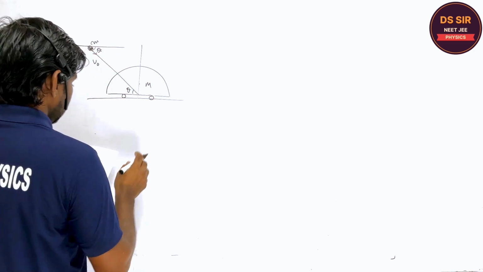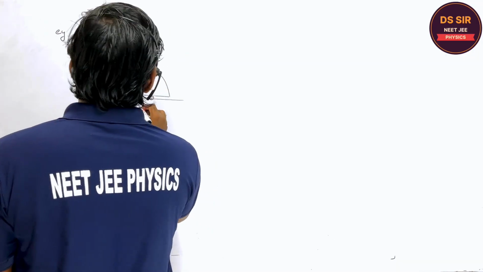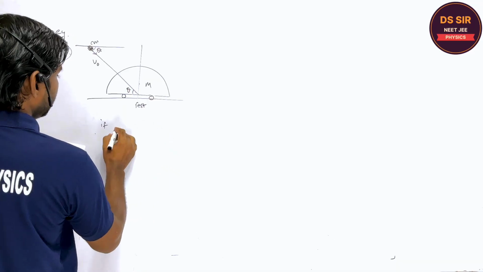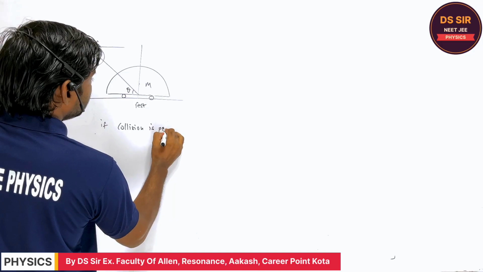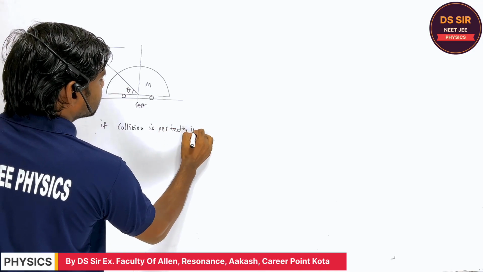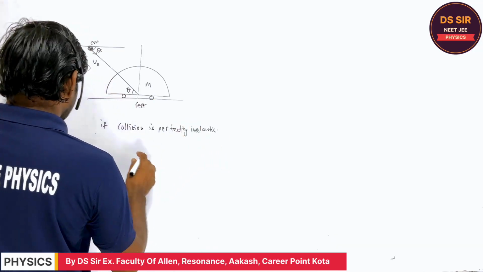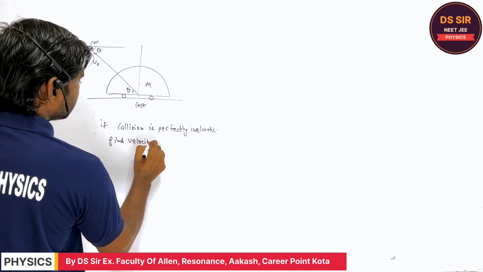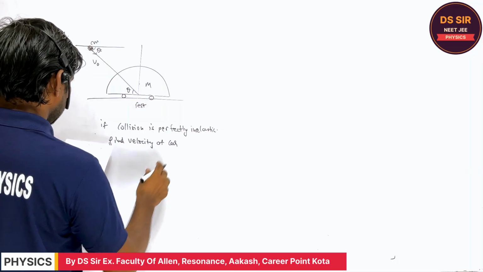All right. The trolley is at rest, and the particle is coming in this way. If the collision is perfectly inelastic, you have to find the velocity of the car.